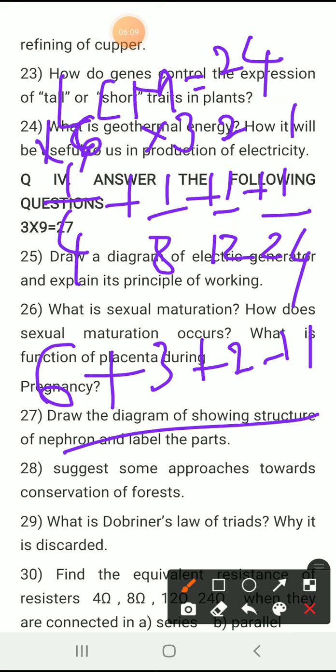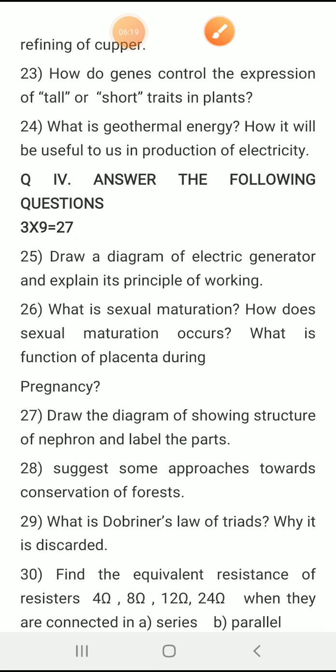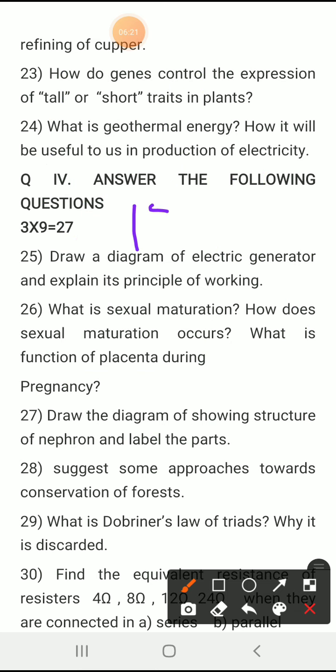So that becomes 6, 3 is 9, 9 to 11, 1 is 12. So the answer becomes 12 and the total LCM will be 24.